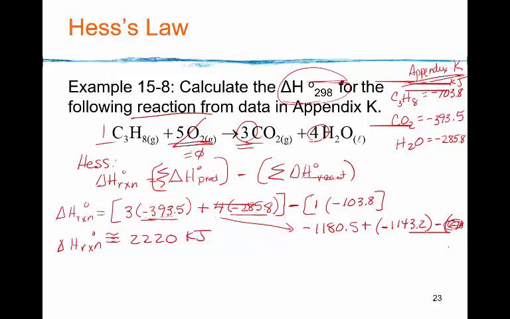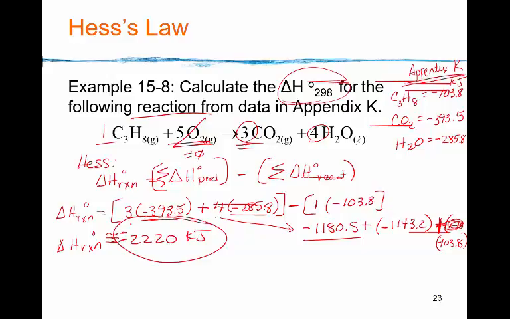I always run out of room. So I've got negative, negative, and then minus a negative. And minus a negative is the same thing as adding it. So I've got minus 1180.5 plus a negative 1143.2. You add them together, they're going to be a pretty big negative number, and then plus 103.8. That's where this comes from, and its sign is negative.